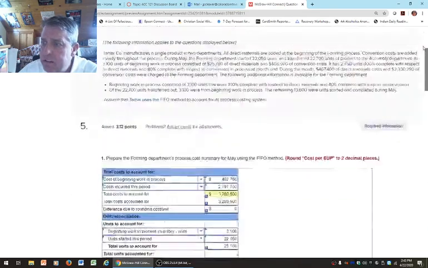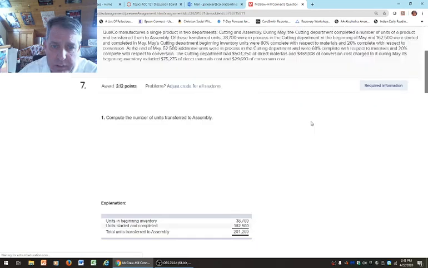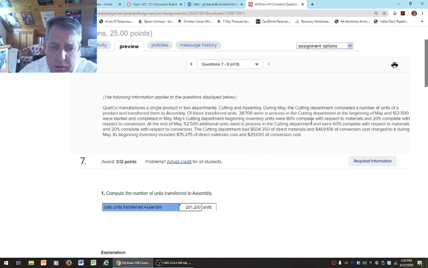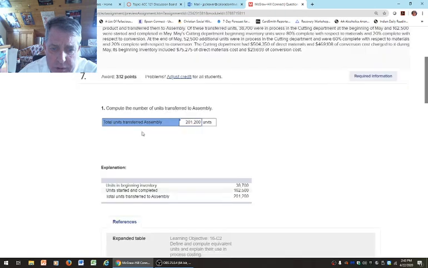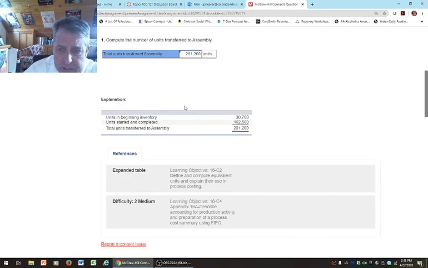And 7 and 8 are here. Qualco. Total units transferred assembly at 201,200. And this gives you the explanation.